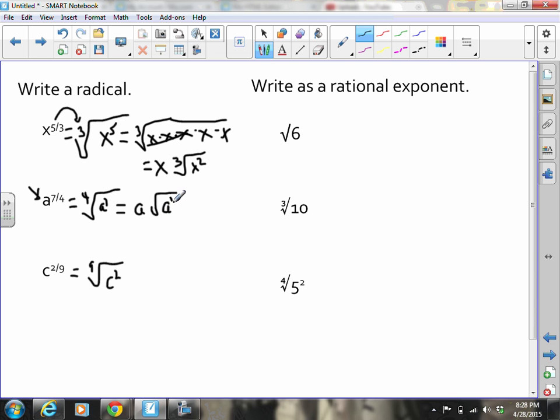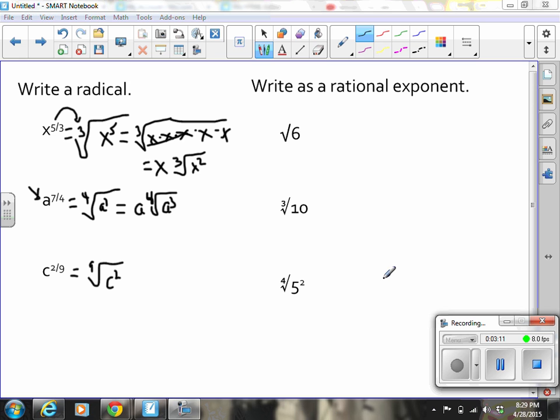So I'll leave a to the 3rd underneath and still have my index of 4. If I look at this last one, I'm looking for groups of 9 within c to the 2nd. Well, c to the 2nd is c times c. There's no groups of 9 there. So that one is already simplified.